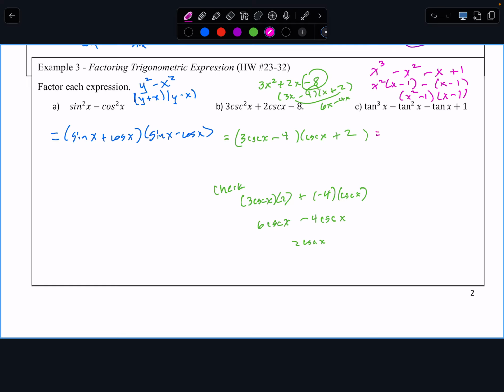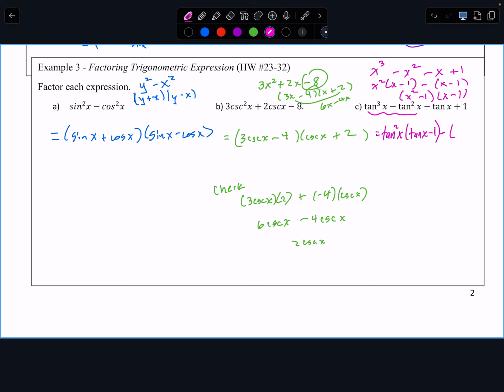And so for this one, out of the first 2, I can take out a tangent squared. And that leaves me tangent x minus 1. And then right here, I want the binomial to match. I need to take out a negative 1.